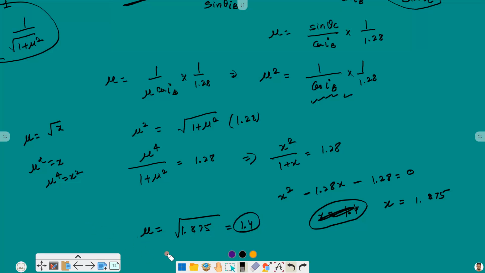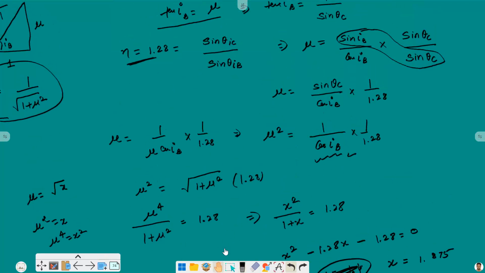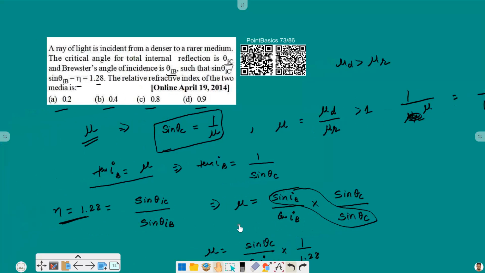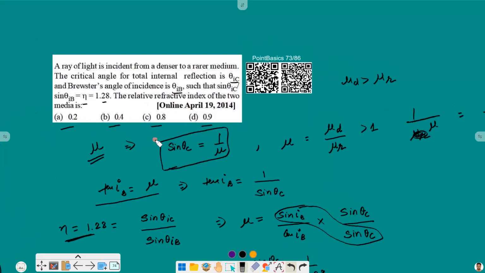So the value of mu comes out to be 1.4, and the relative refractive index which we have to calculate will be 1 by 1.4, and that will be equal to 0.71, and the nearest match is option C. So option C is going to be the right answer here.